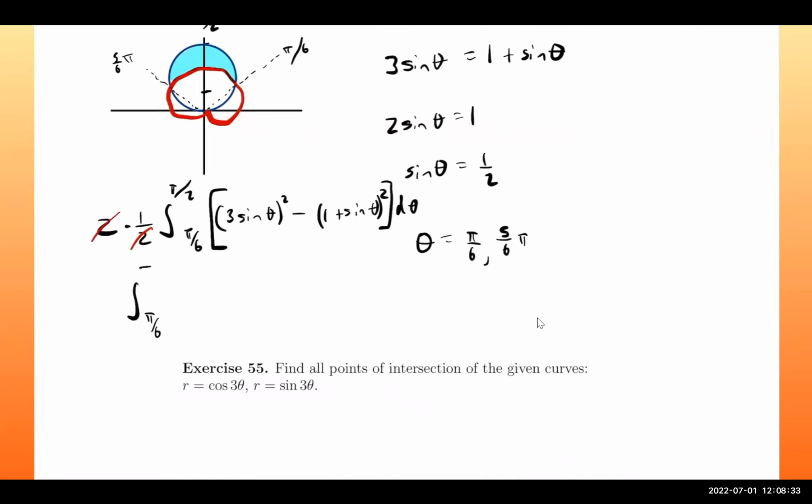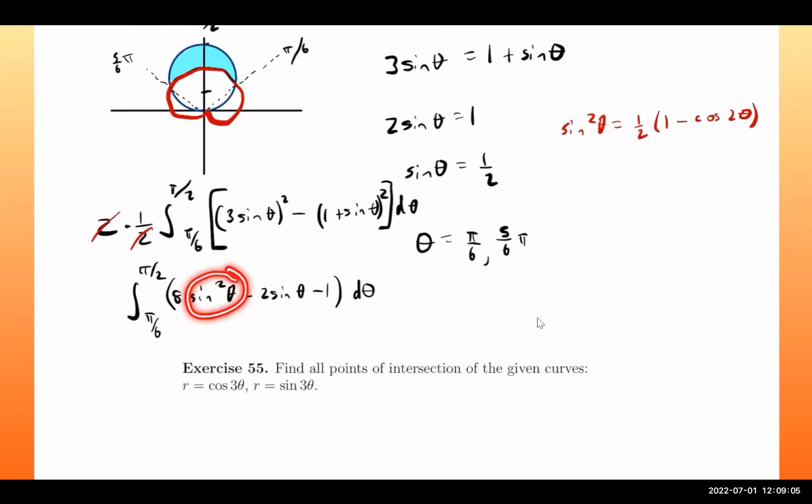This is going to require some simplifying. Once you simplify, you should get all the way down to this point where you have 8 sine squared theta minus 2 sine theta minus 1, d theta. Then we have to use our identity. Remember, the identity for sine squared is this.